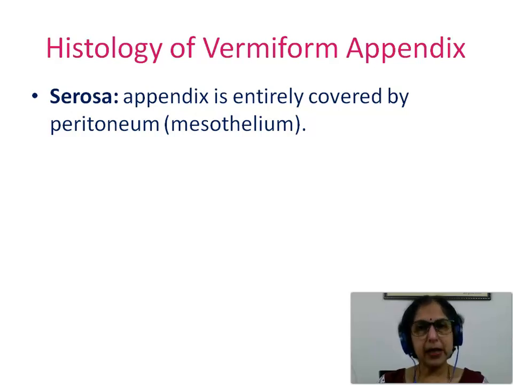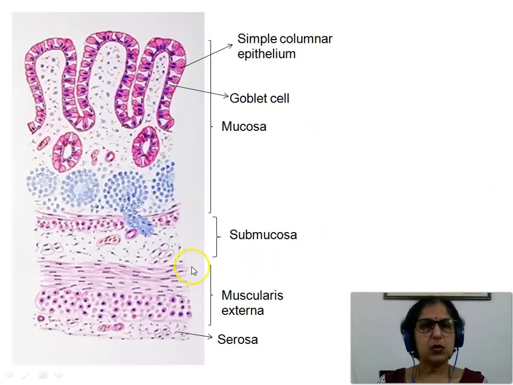Appendix is entirely covered by peritoneum, that is mesothelium, and hence the outermost layer is called serosa. So what we see here is the muscularis externa showing inner circular and outer longitudinally arranged smooth muscle fibers, and outermost is the serosa, which is connective tissue showing blood vessels, adipocytes, few lymphatics and nerve endings.